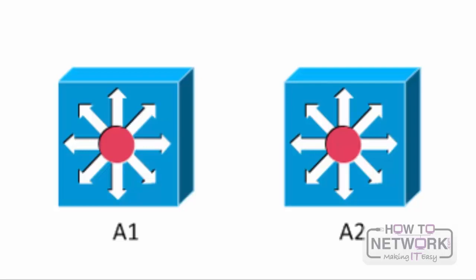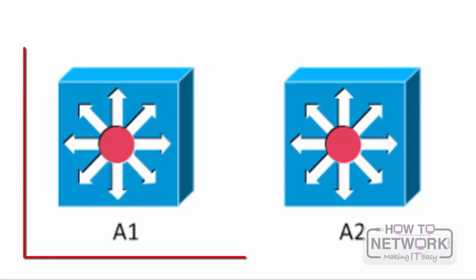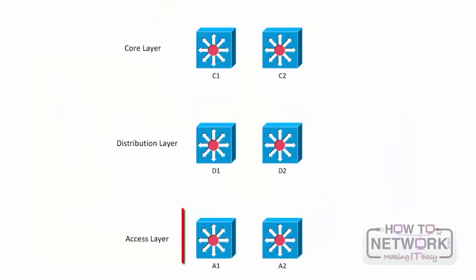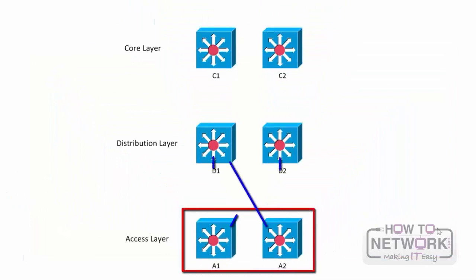So one possibility to make the situation better and to have a more efficient design would be to make two redundant physical switches into one logical switch. A single logical switch can then use the redundant links to their full capability by bundling them into an EtherChannel.